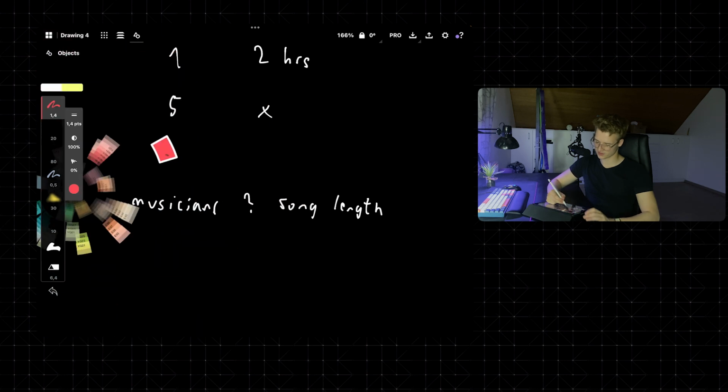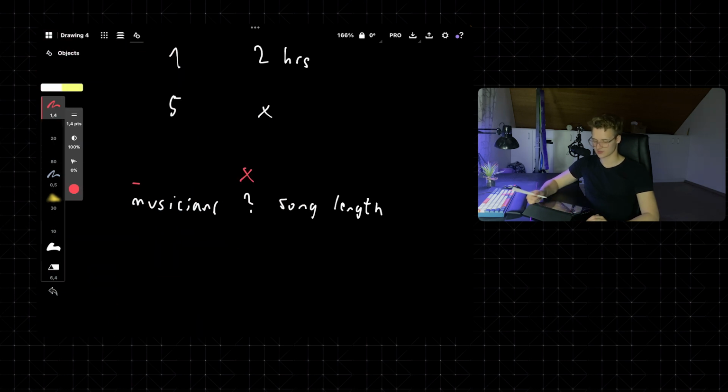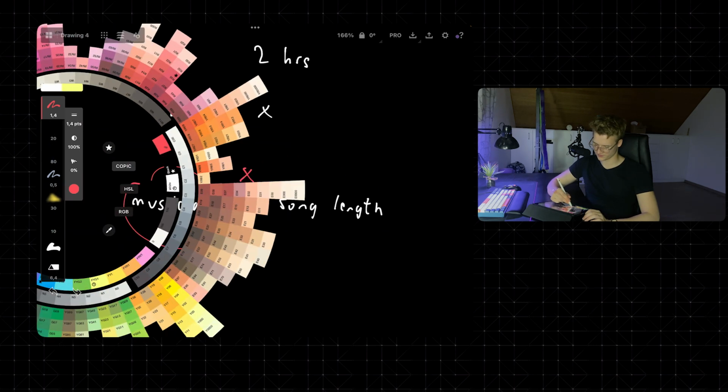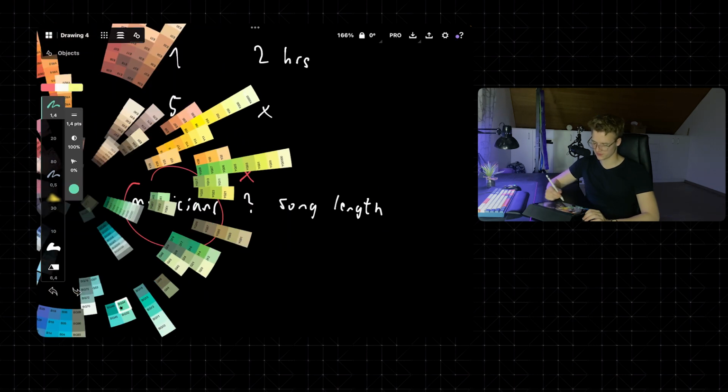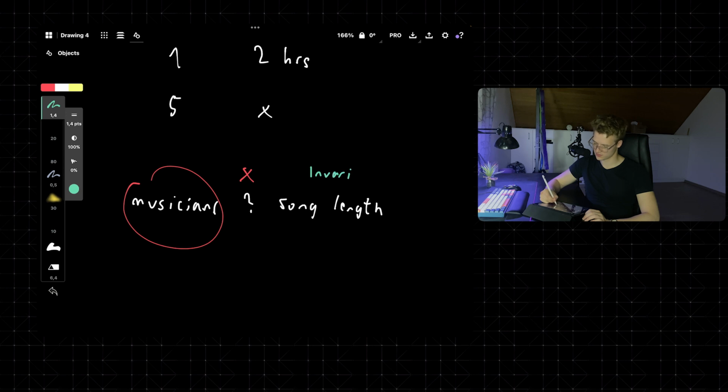So these values are not related. So if we change this value, this one is going to remain the same, okay? So this one is what we call invariable, okay? So since we changed this one, and there's no connection between them, this one is just gonna remain the same. So it's gonna be 2 hours.